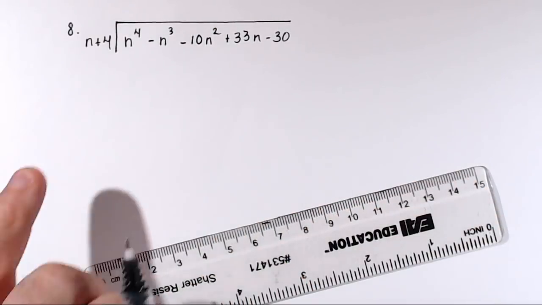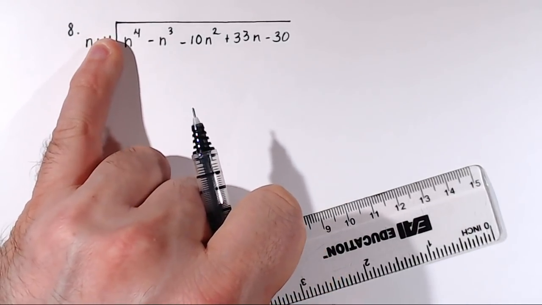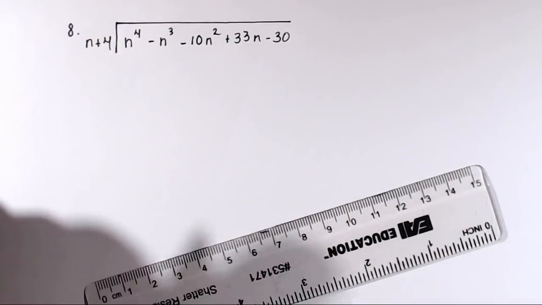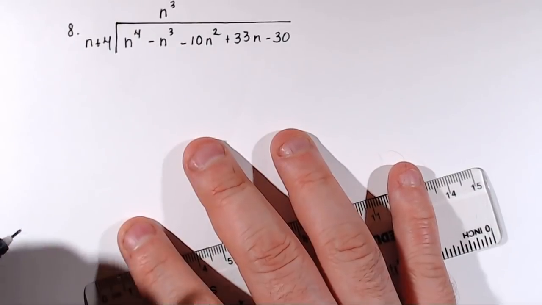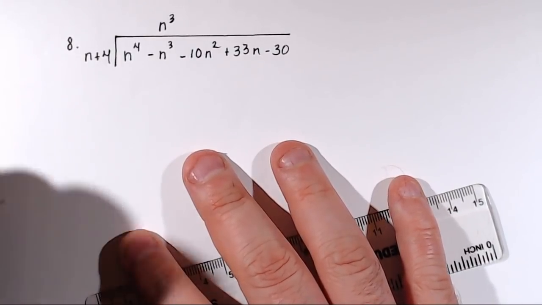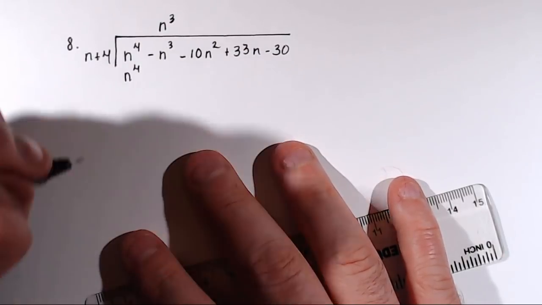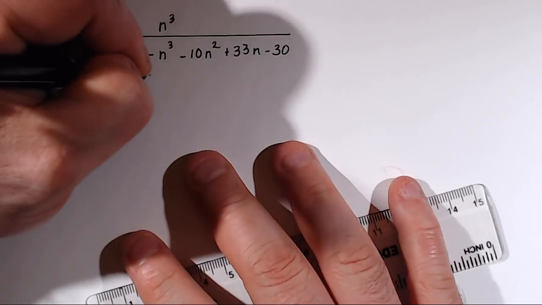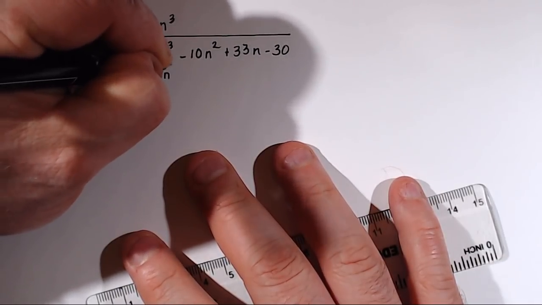Okay? So cover up the plus 4 and ask yourself, what times n equals n to the 4th power? And it's n cubed. N cubed times n is n to the 4th power. N cubed times 4 is plus 4n cubed.